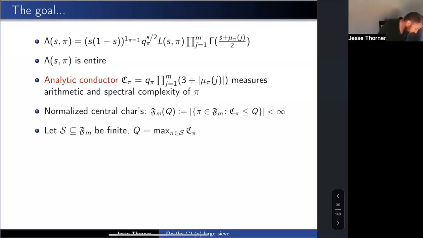So now let's take S, a finite subset of frak F_m, and let Q be the largest analytic conductor out of all of the π in our set S.